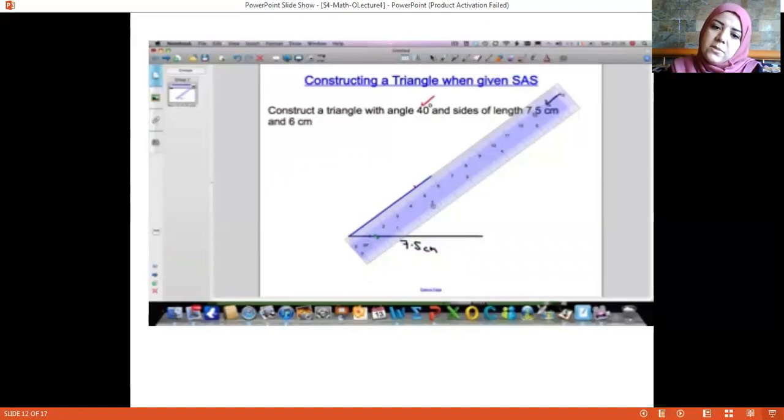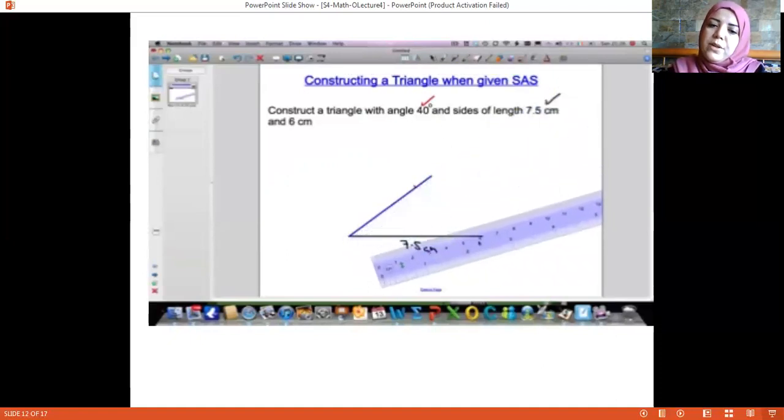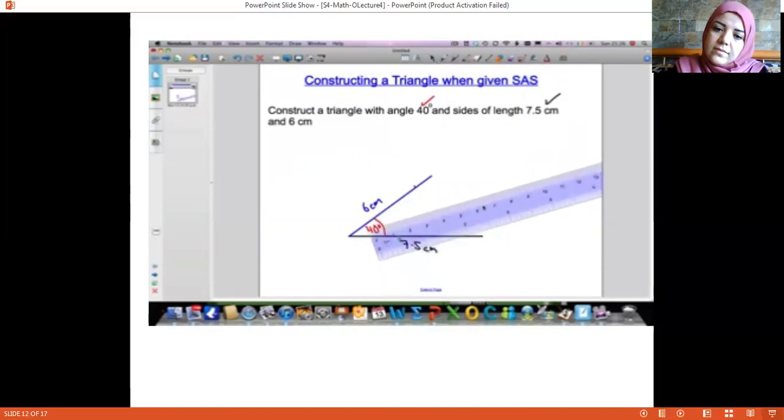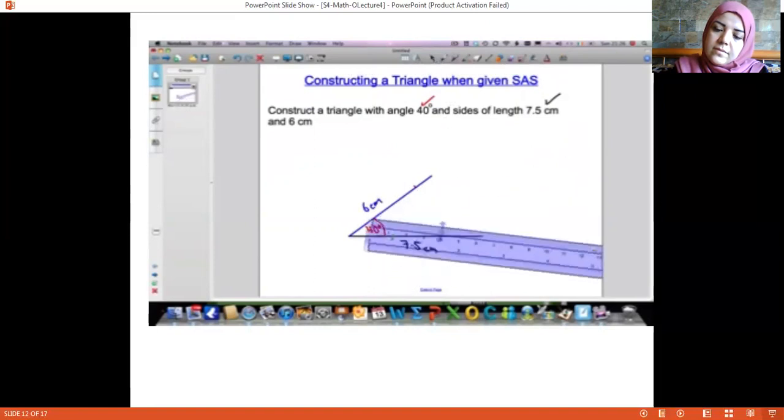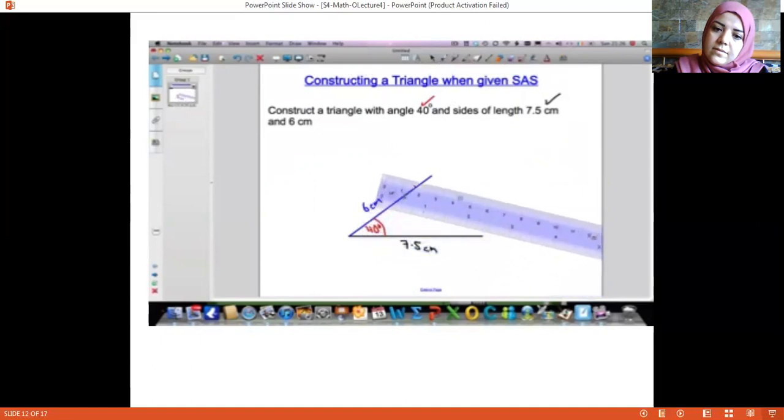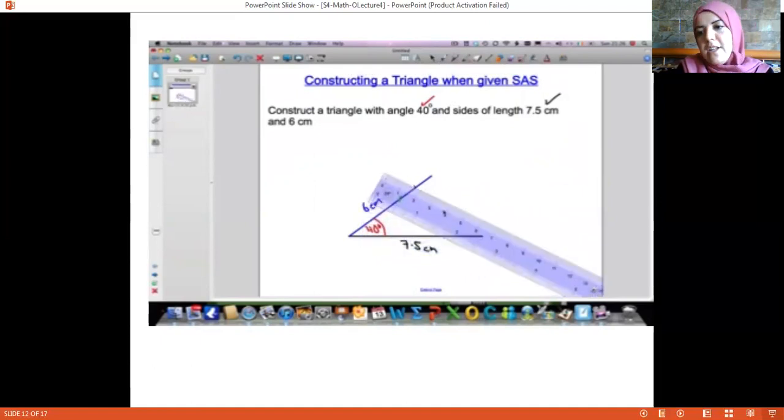So this is 6 centimeters, and now you remove the ruler and join the third line. This is 40 degrees. The third line.